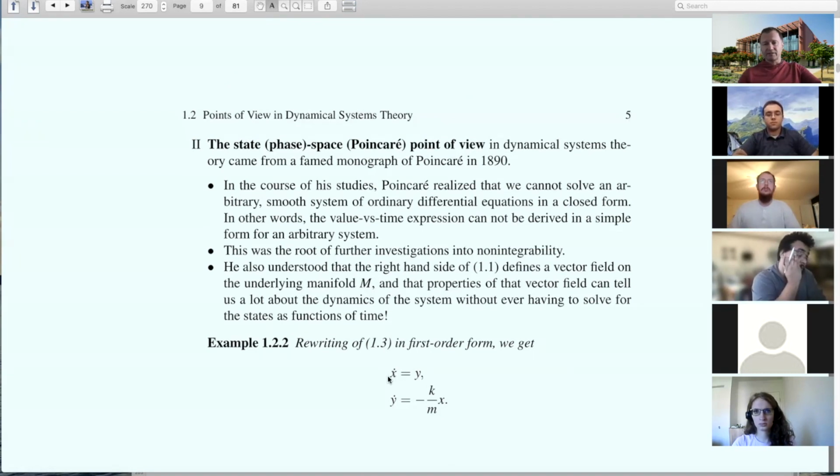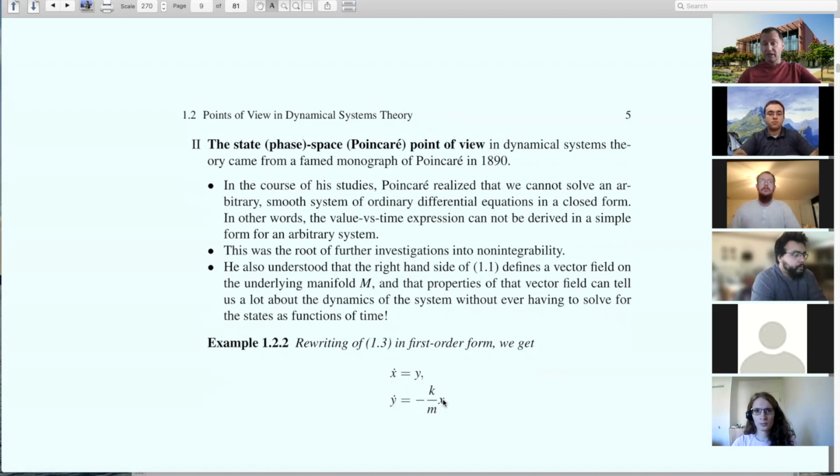In fact, in physics, you should usually go with a canonical variable, and that's momentum rather than velocity. But for the sake of simple description, let's talk about velocity being a new variable. Then you can put it in state space, x dot is equal to y, y dot is equal to minus k over m x. And that's something that you need to do anyhow.